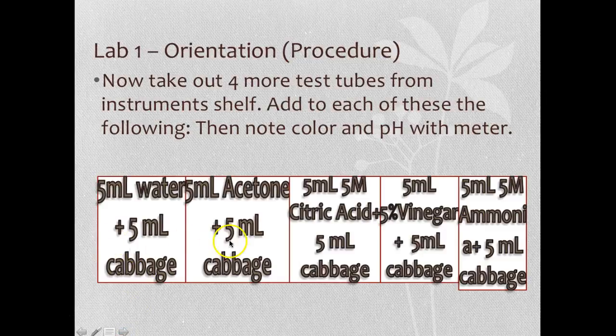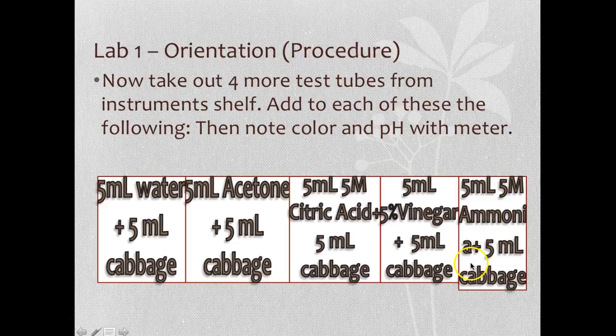So basically you had 5 test tubes, 5 mL of the red cabbage, which is an indicator, it's a colored dye. And then the first test tube has water, the second acetone, the third citric acid, the fourth 5% vinegar, and the fifth ammonia. And I believe there is a sixth with sodium carbonate, bicarbonate.